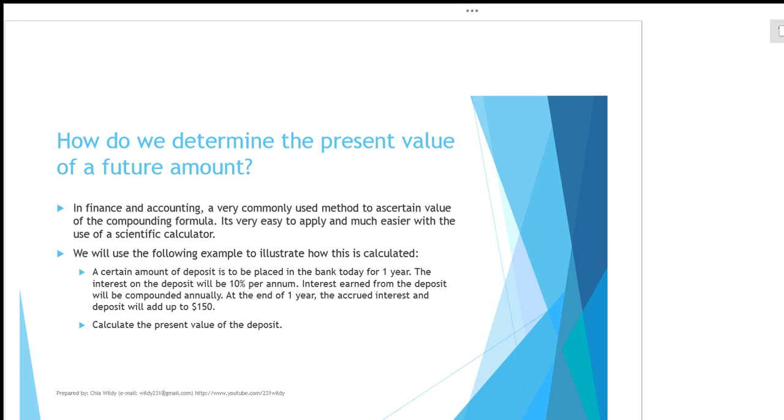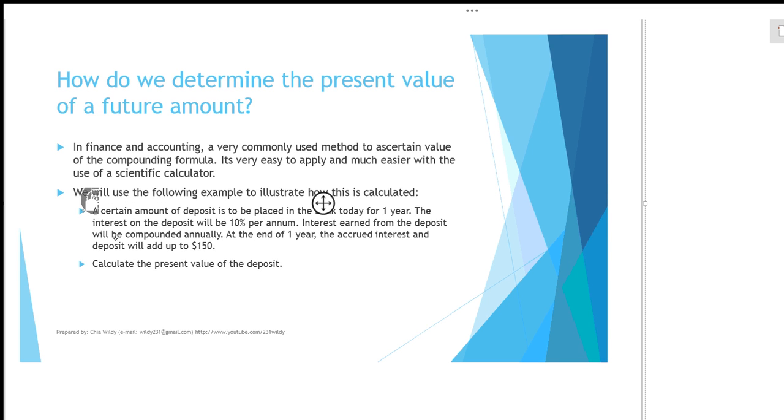Now what we're going to do is look at what happens if you don't want to do compounding. Compounding is a process where you try to find out how much a present value is worth in the future. Now you can of course reverse that process.